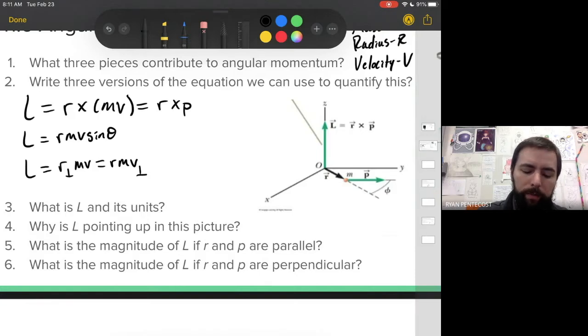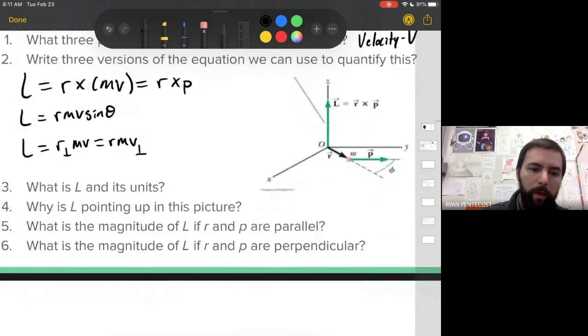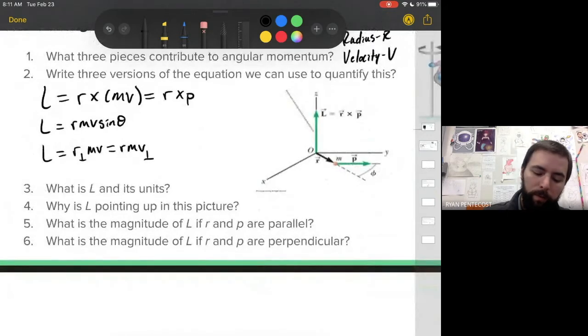But if you have this concept of a perpendicular radius, say the radius is at a 90-degree angle from your origin, or relative to the motion, I guess that would be more accurate, relative to the motion. And then the velocity, if the velocity is at a perpendicular relationship. Okay, so we'll talk about that later.